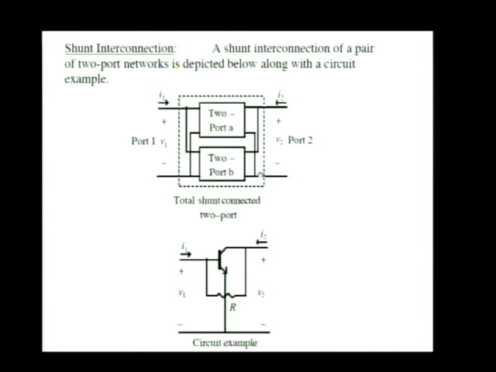And we would like to have a parameter set that would give us parameters for the overall circuit inside the dotted box, the shunt interconnected pair of 2 ports.